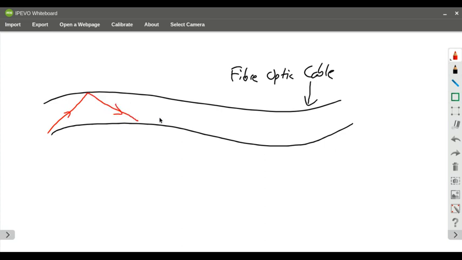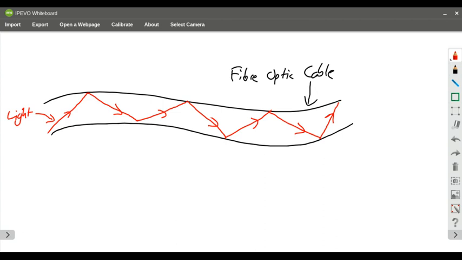So it bounces along like this. They designed the cable so that it's very hard for the light to not be reflected back in. Yeah, that's all I really need for a labelled diagram.